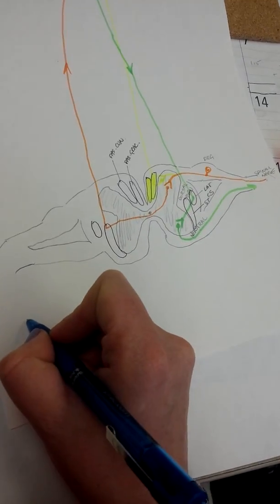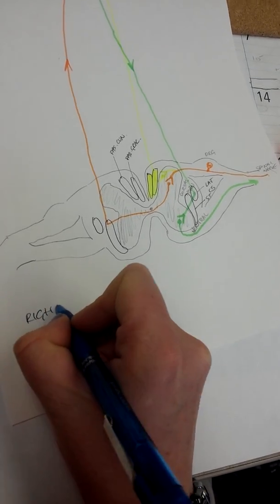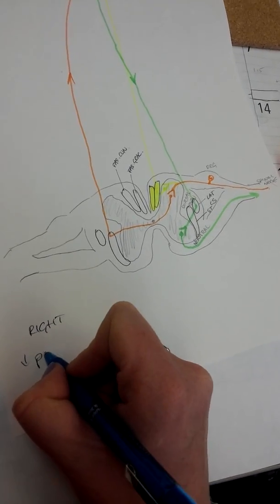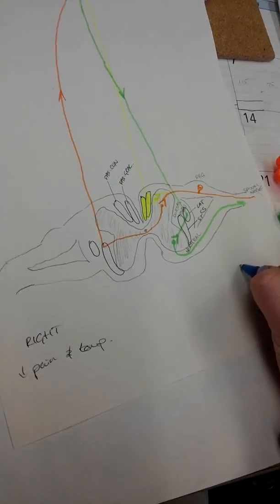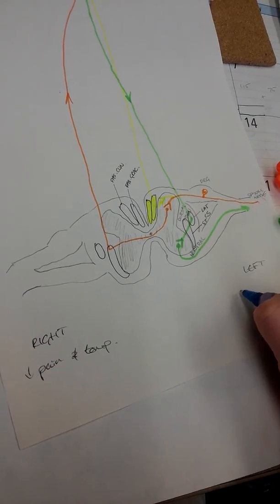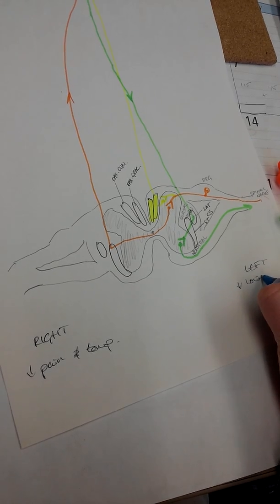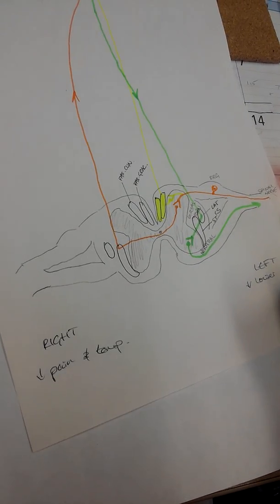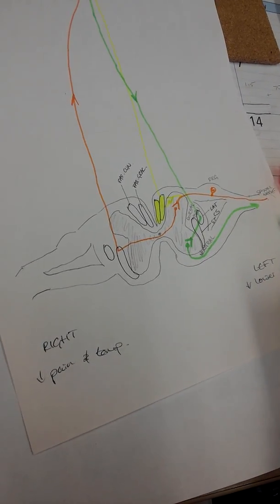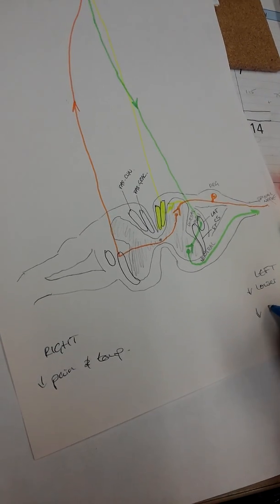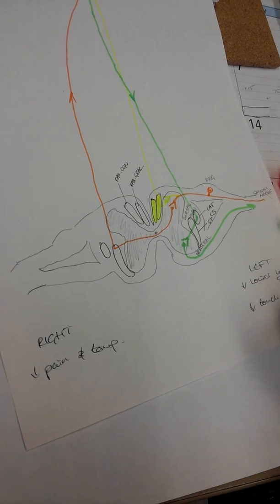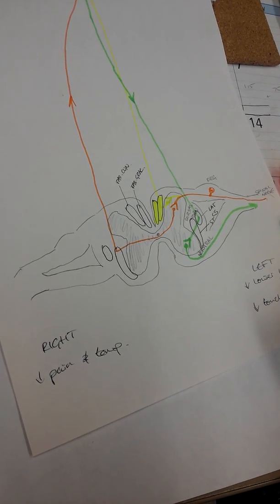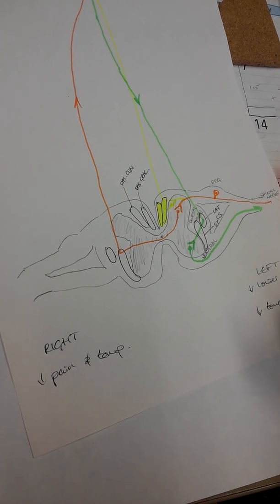he had on the right-hand side decreased pain and temp, and on the left-hand side, decreased lower leg strength and decreased touch and proprioception, to the lower extremities.